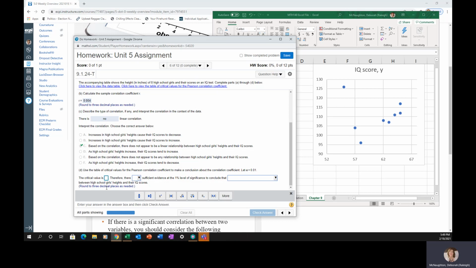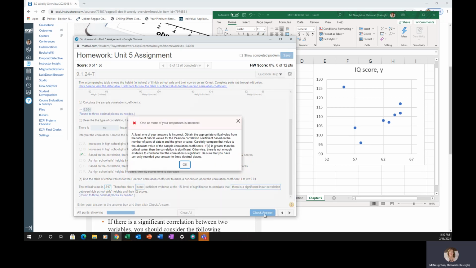Therefore, there is not, okay, because the absolute value of R has to be greater than this for there to be evidence at the 1% level to conclude there is significant linear correlation. So there is not evidence to conclude that there is significant linear correlation between high school girls' heights and their IQ scores.